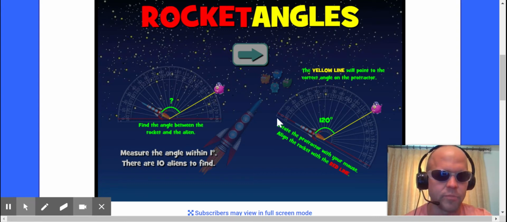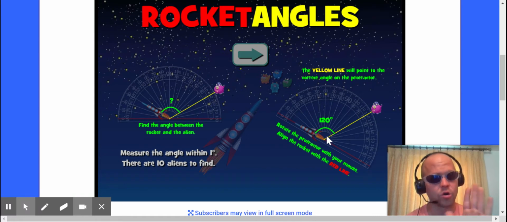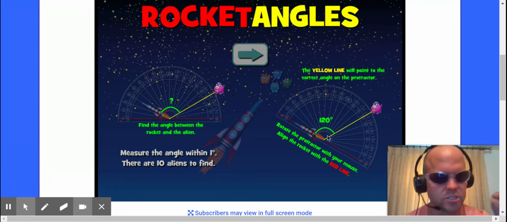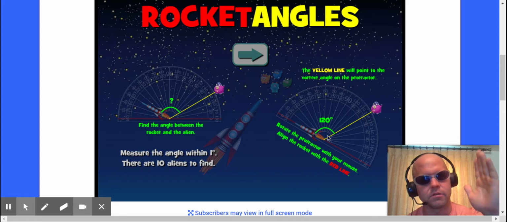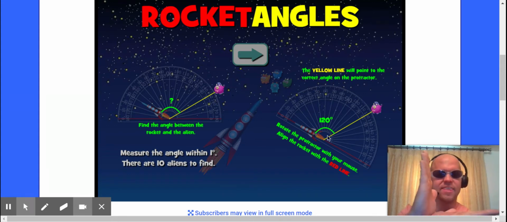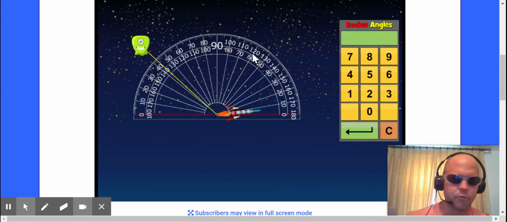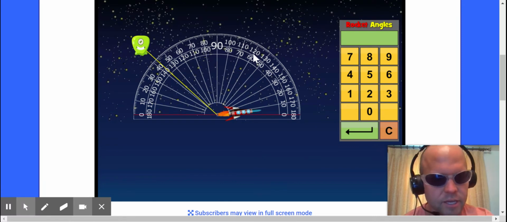If you were to jump a little more than a quarter turn, 120 degrees is perfect. An exact quarter turn is 90 degrees, and that's important to remember because you need to recognize when it's a corner like that in order to read the protractor. So we'll give it a go, and hopefully you guys start to get this down. Play around with it. Obviously, if you get them wrong, you get them wrong. It's fine.